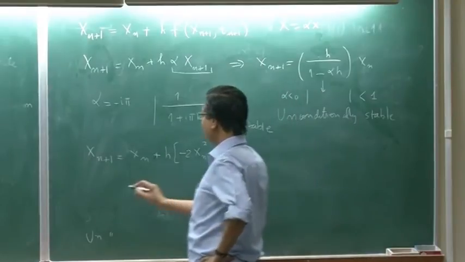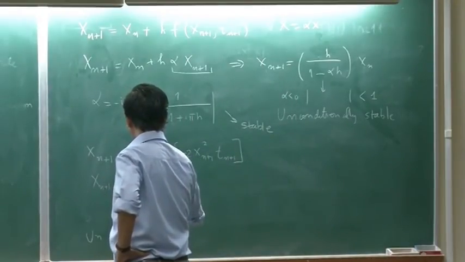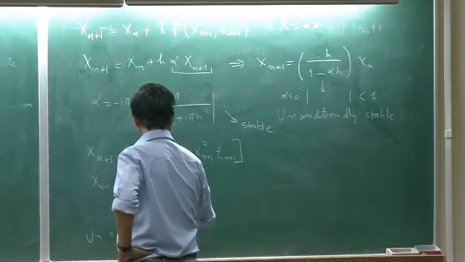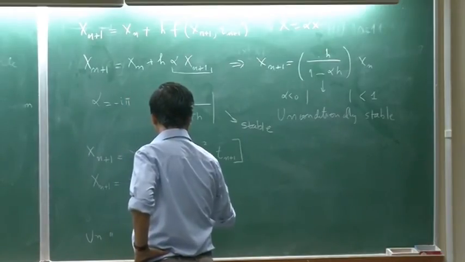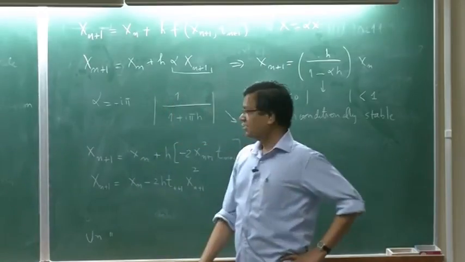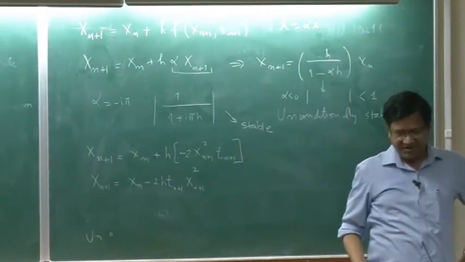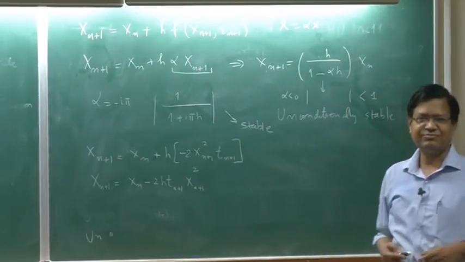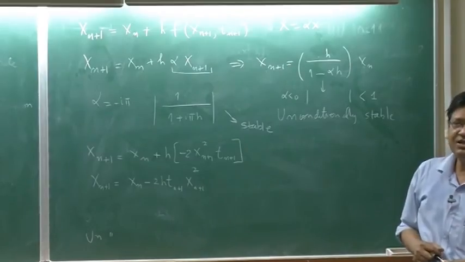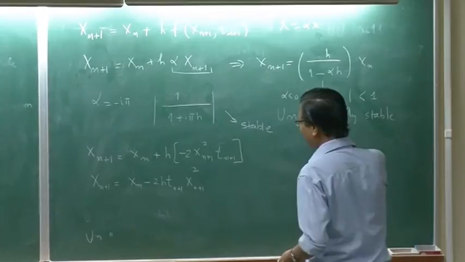So this becomes x_{n+1} equal to x_n minus 2h t_{n+1} x_{n+1} squared. Now, is it possible to solve like this? This is Euler backward. How do I solve it? Okay, this one you can use the quadratic formula.